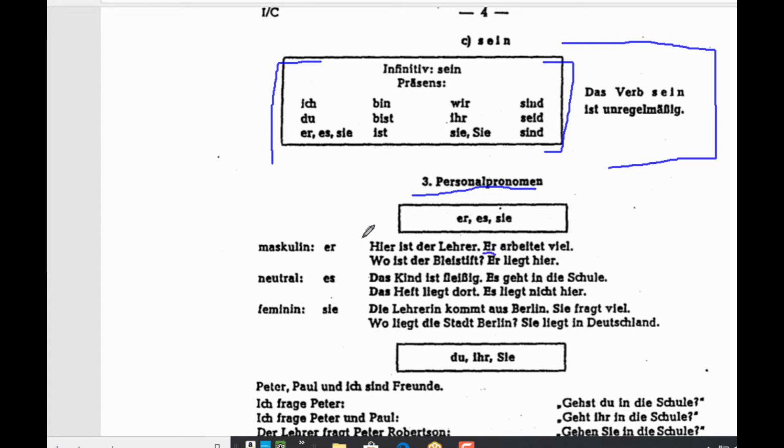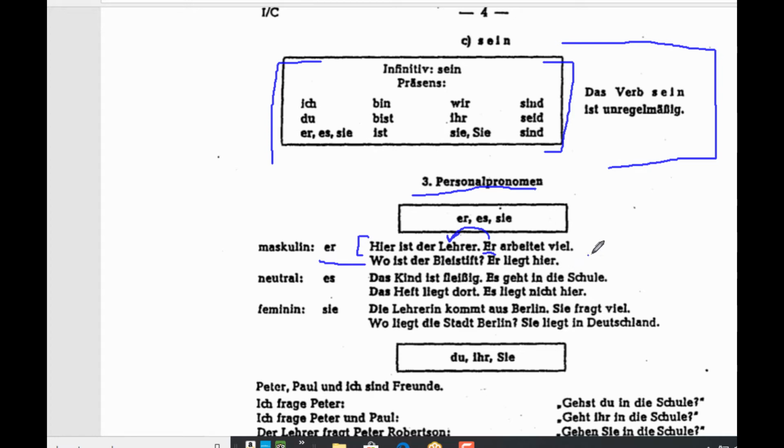Hier ist der Lehrer. Arbeitet viel. Everybody. Hier ist der Lehrer. Arbeitet viel. What's the antecedent of er? Der Lehrer, which is masculine, so you say he, obviously. Now here's another one. Wo ist der Bleistift? Liegt hier. Everybody? Wo ist der Bleistift? Liegt hier.